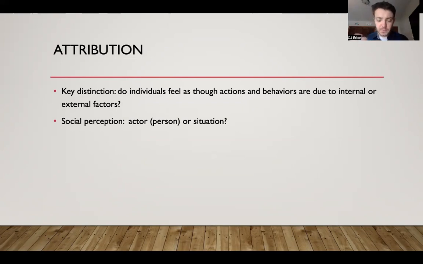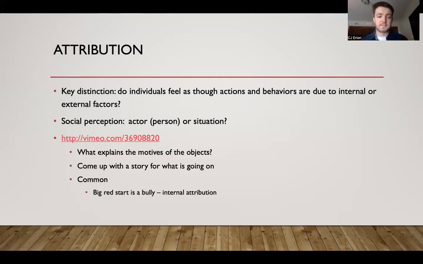What we just do as humans is we go around, and when we see someone doing a certain behavior, we make decisions about whether that behavior was due to some internal aspect of the actor, the person who did the behavior, or whether that was due to situational constraints or external factors. And just to be clear, these perceptions can be about other people, and they can also be about ourselves.